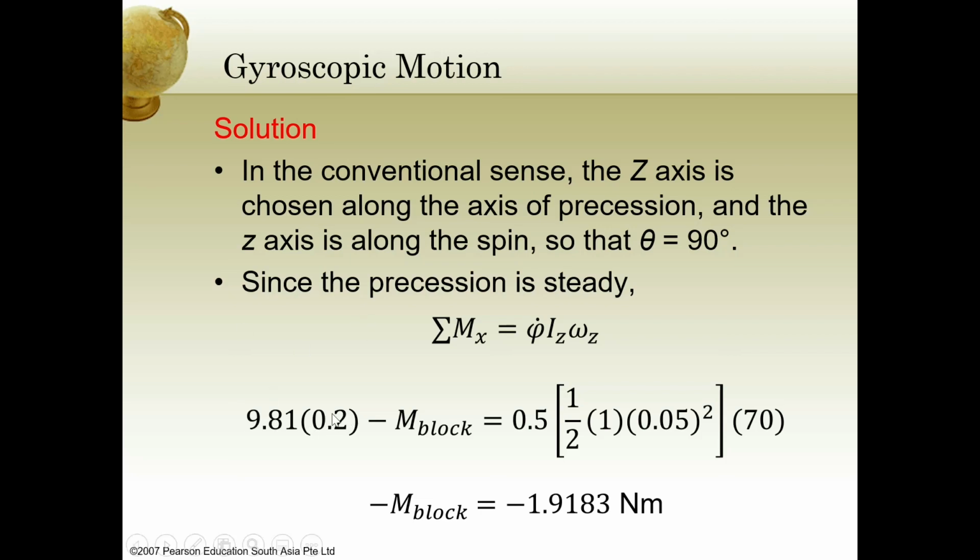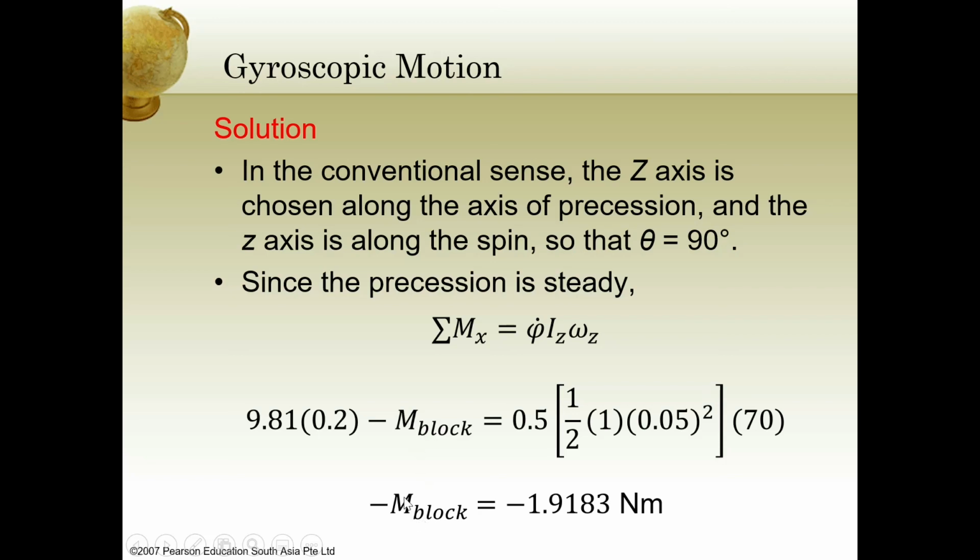We multiply with the distance from the origin, from the pivot, 0.2 meter. So this is the value that we still don't know. These are the moments created by the block, so I just write M block.